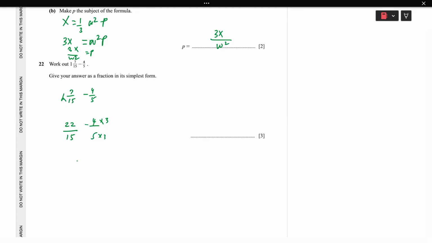So now 22 over 15 minus 12 over 15. Now the denominator is the same, so 22 minus 12 over 15, which is 10 over 15. So I'll reduce. Sorry, I need to divide by the 5 times table, so divide by 5 and divide by 5, which is 2 over 3. The answer is 2 over 3.